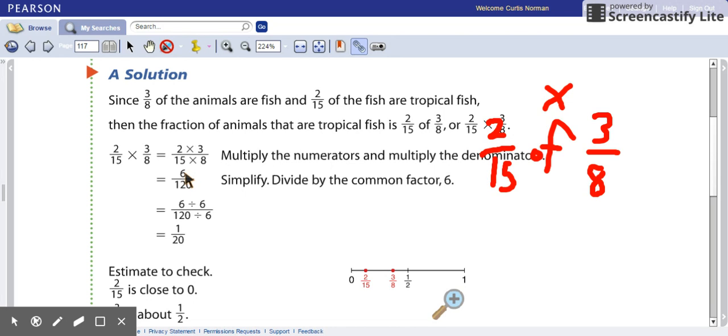So how many times does 6 go into 6? Once. And how many times does 6 go into 120? 20 times. So our answer is 1/20. So 1/20 of the entire pet store is tropical fish.